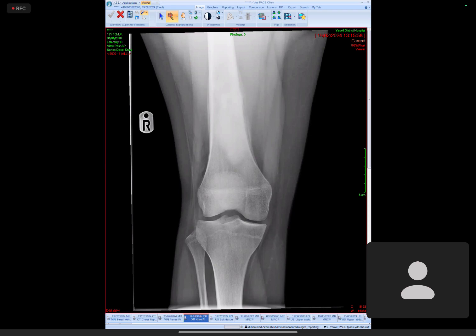She is suffering from pain. The most striking abnormality that I picked up is this periosteal reaction along the diaphysis involving the lower femur on both sides. It is more striking on the medial aspect of the tibia.